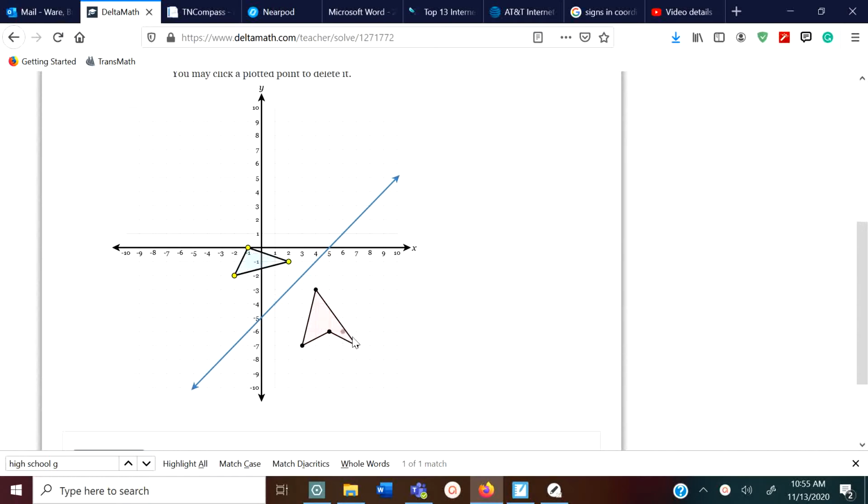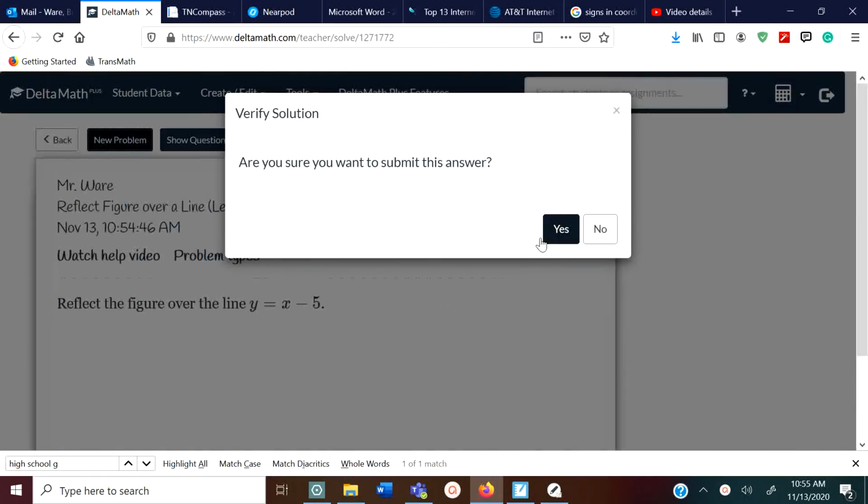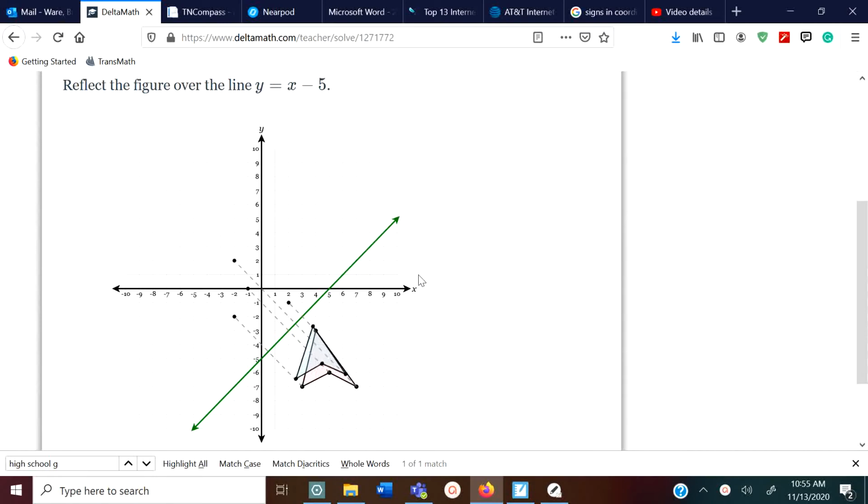And the last one here, 1, 2, 3, 4 and a half, count that half and go 1, 2, 3, and 4. Alright, and then that should show a reflection. And they show you how it's been flipped like pancakes in a skillet, flipped over the line y is equal to x minus 5.